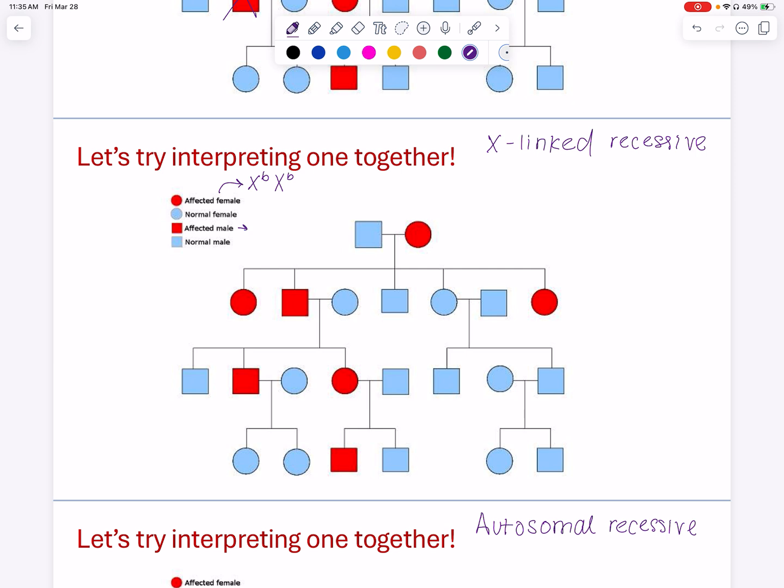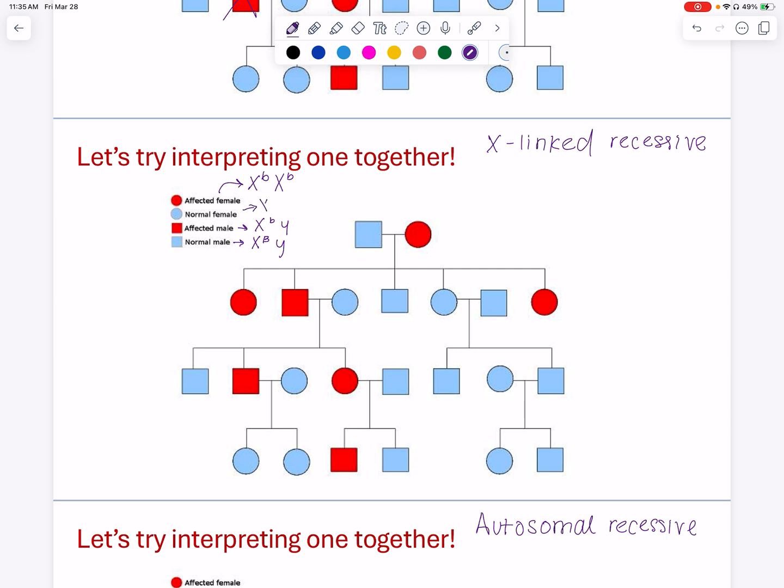The affected males would all have X little b Y, and the normal males would be X big B Y. And the normal females could be homo or heterozygous.